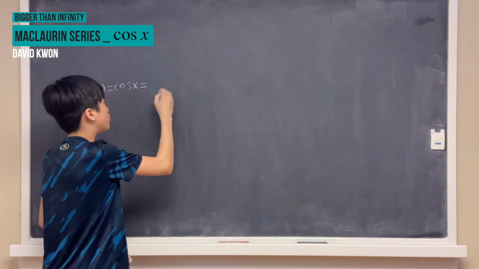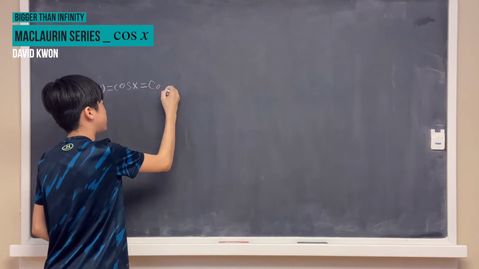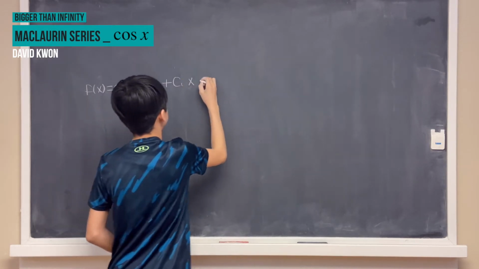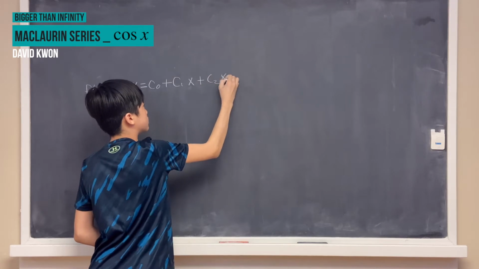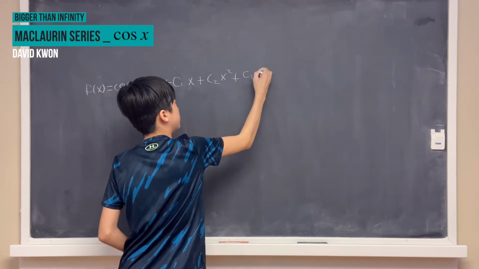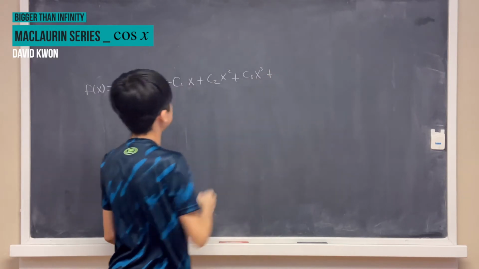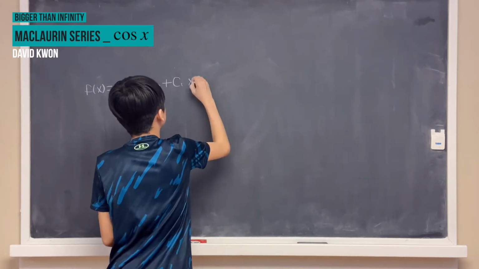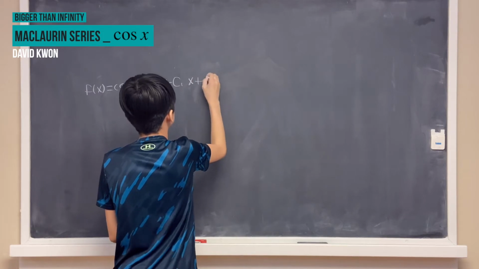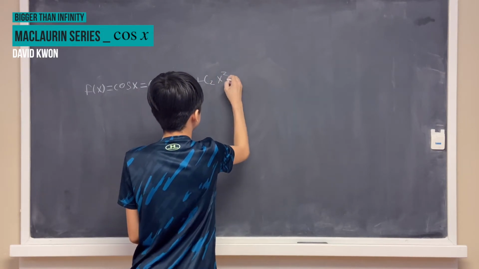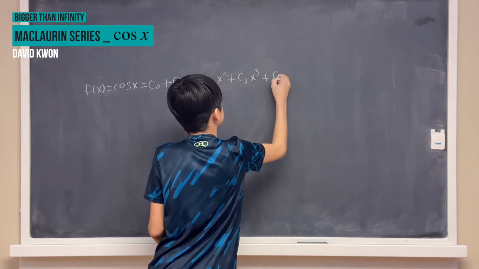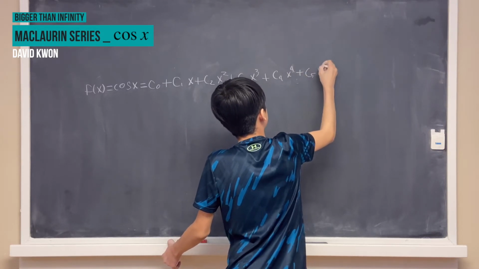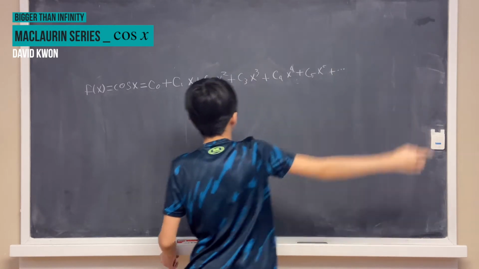We can make up anything, but I always start with c sub 0, plus c sub 1 times x, plus c sub 2 times x to the power of 2, plus c sub 3 times x to the power of 3, plus c sub 4 times x to the power of 4, plus c sub 5 times x to the power of 5, plus dot dot dot, because it goes on forever.